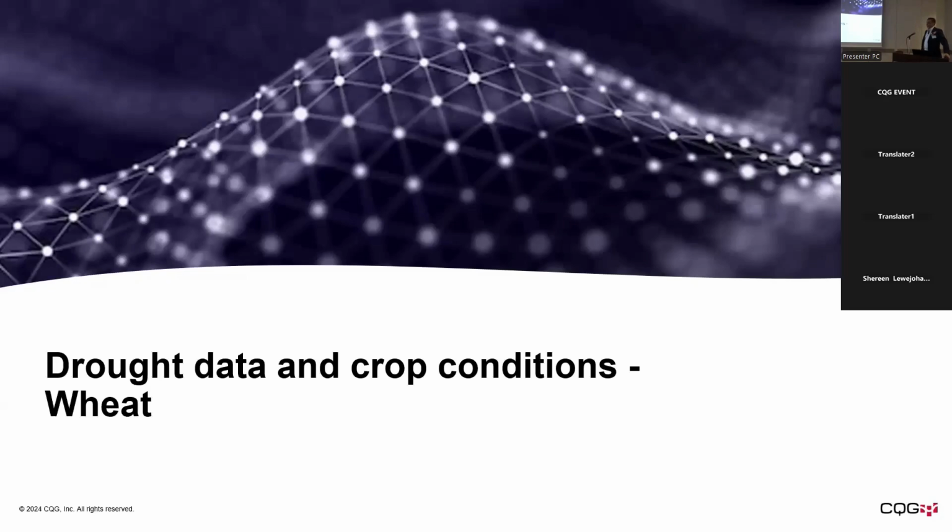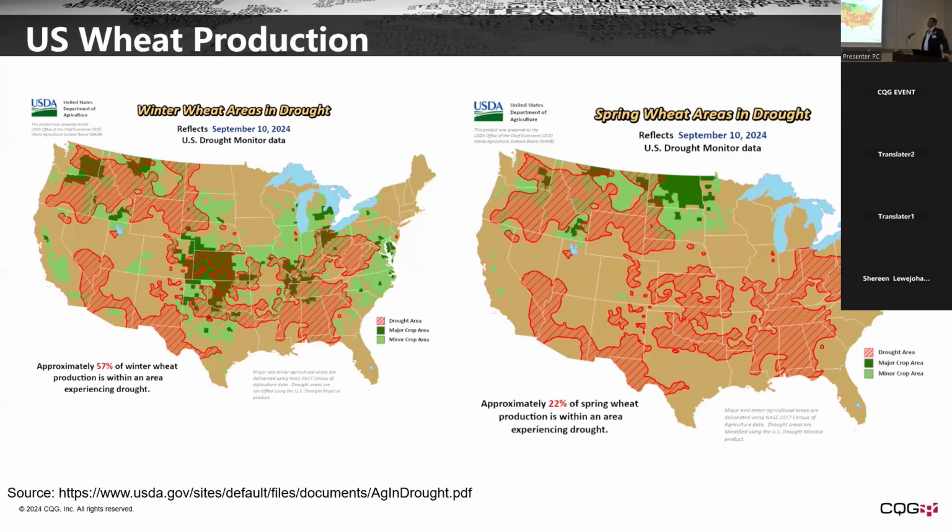Now, looking at the aspect of wheat, we've got the same sort of chart type from the USDA, and here we can see that there's winter wheat and spring wheat. We'll focus on the winter wheat, but we'll see that compared to the corn production, wheat is a lot more spread out, and pretty much everywhere except the Midwest, a little bit of it.